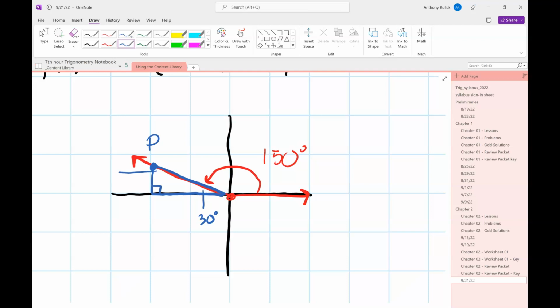Oh, so this piece over here has to be 60, and we're living in a 30, 60, 90 triangle. Oh, these guys again, Mr. Kulik. All right. The ratio of side lengths in a 30, 60, 90 triangle, the short side, I'm going to use the letter A here rather than X to represent that value.